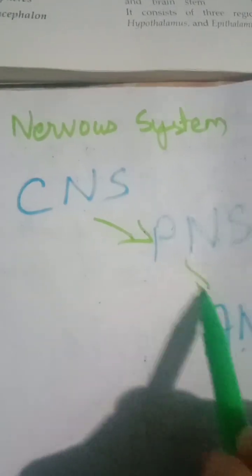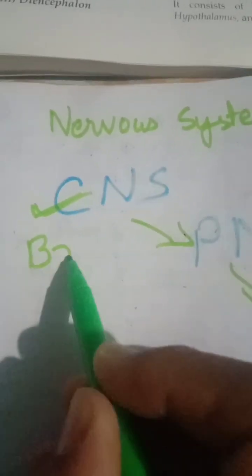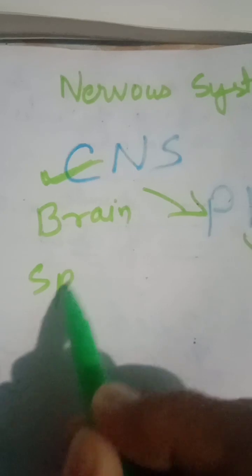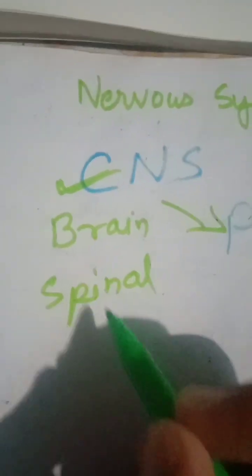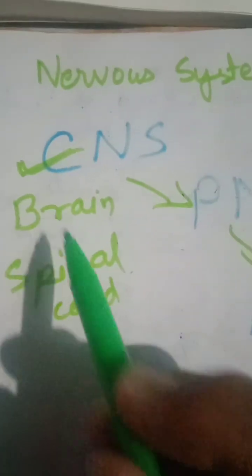These three constitute the nervous system of our body. That means the control and coordination is by these three systems. In the central nervous system comes the brain and the spinal cord.